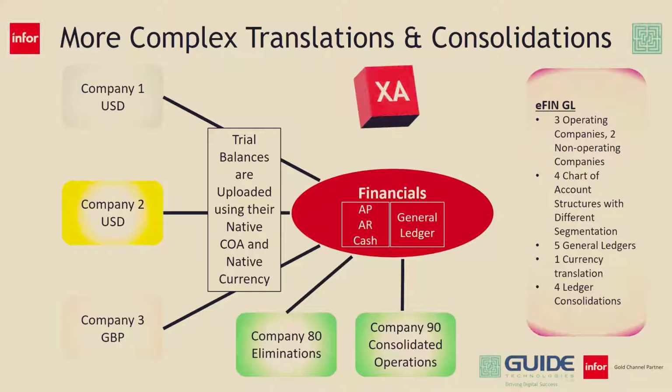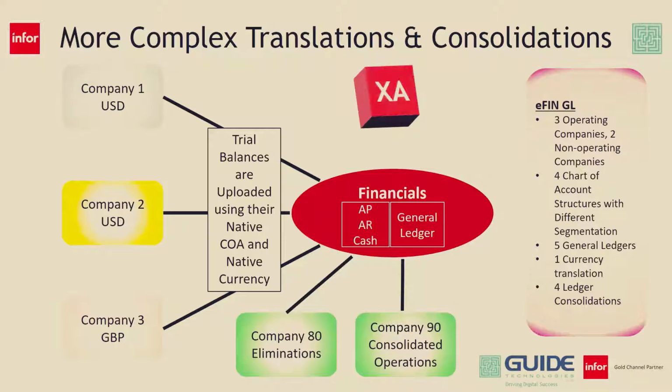We need to make sure that there's total transparency between the numbers that your senior executives send into corporate and the numbers that get reported. That's why it's critical to upload everything natively. That way they can see how the transactions get consolidated.